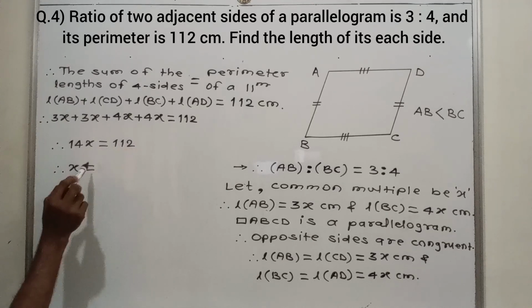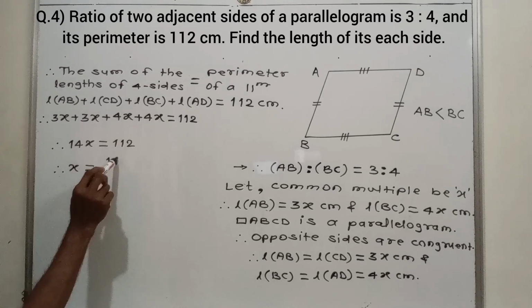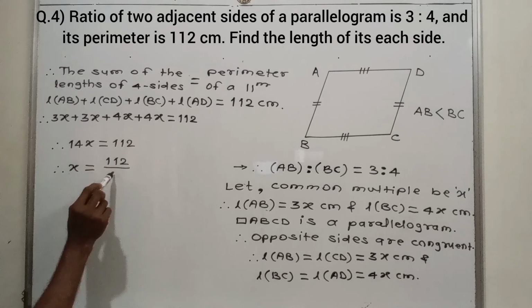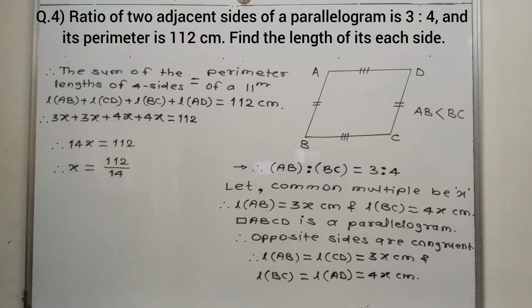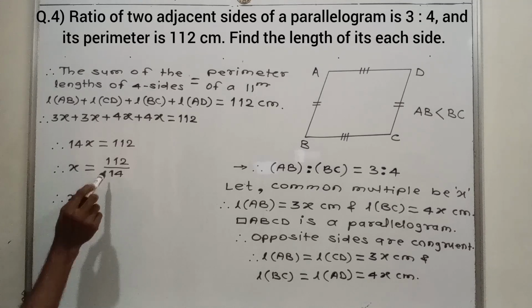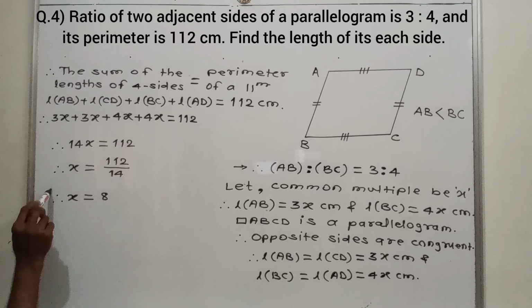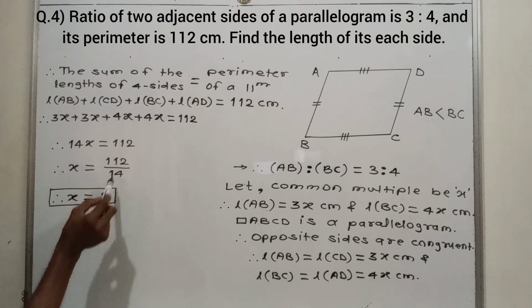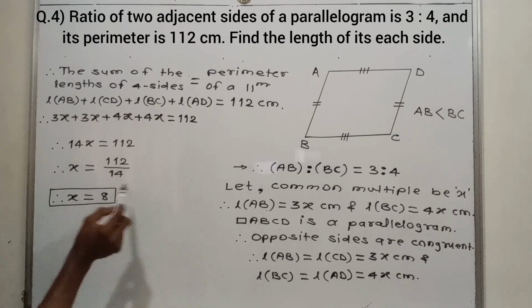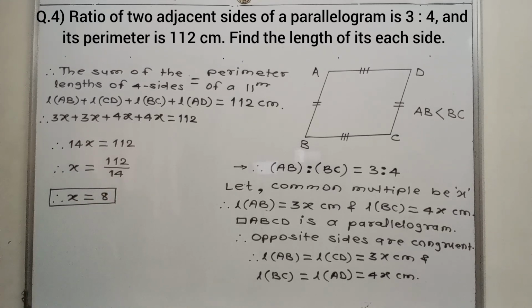Therefore, x is equal to 112 upon 14. Did you get it? Therefore, x is equal to what? See this. 8 into 4, 32. Carry 3. 8 ones are 8. Plus 3, 11.